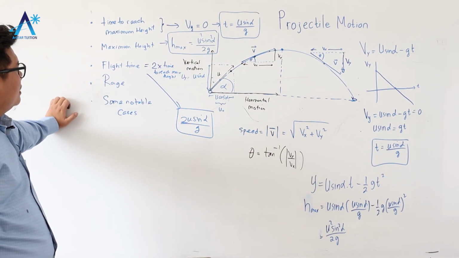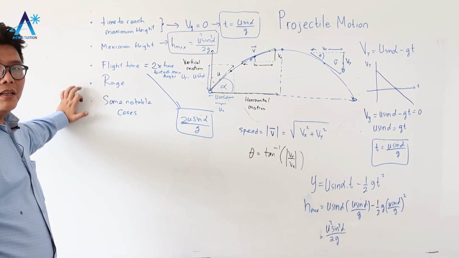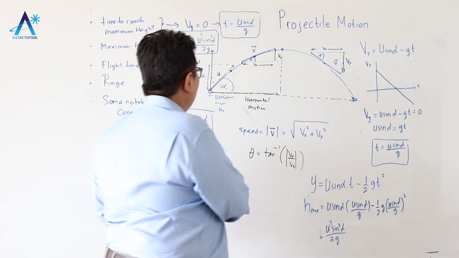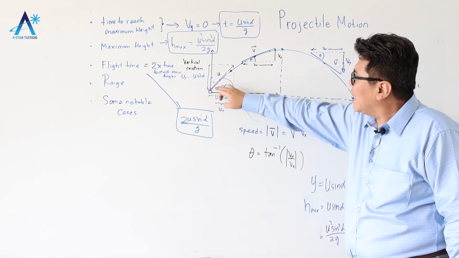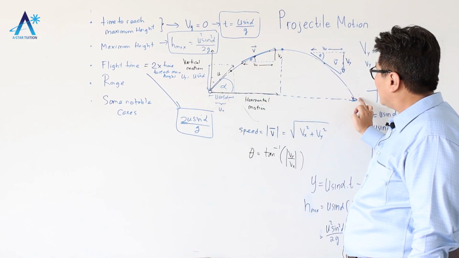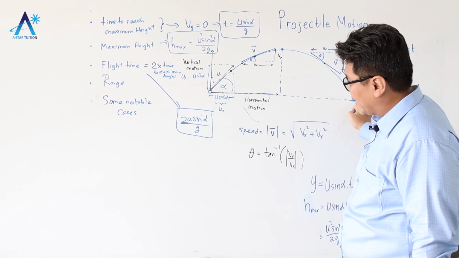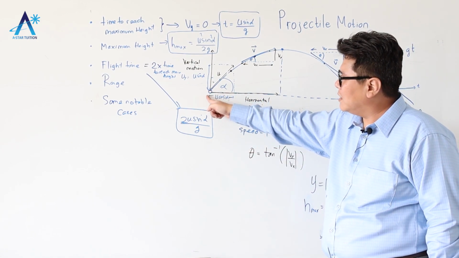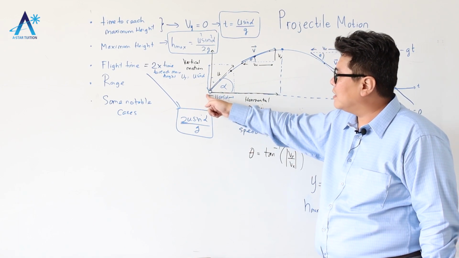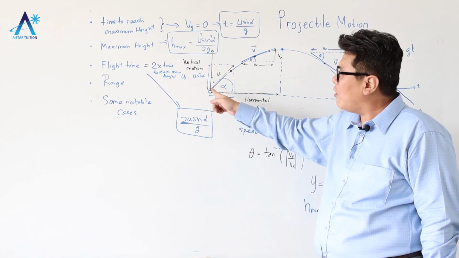Okay. Now what about the range? Range, as I mentioned, is the horizontal displacement of the particle once the object reaches the initial vertical position again. So it starts from a certain vertical initial position, which we can call 0.